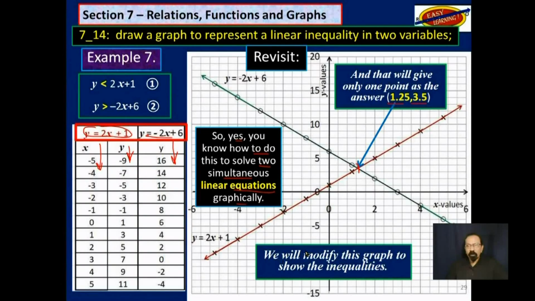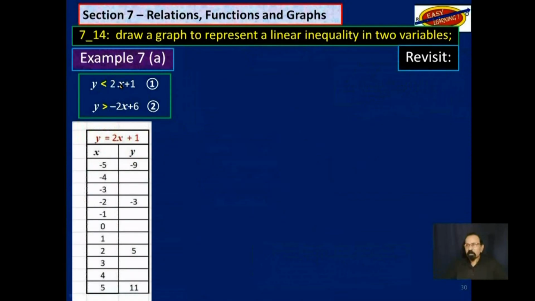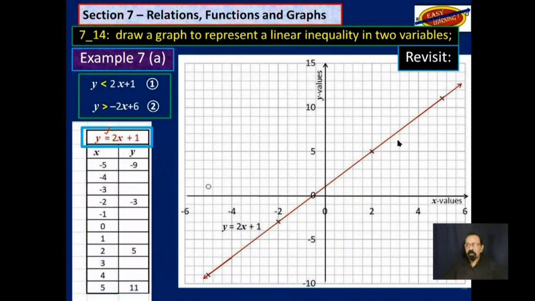Now we will modify this graph to show the inequalities and the region that will satisfy those equations. So this is the first equation. We plot the equation, we get this.